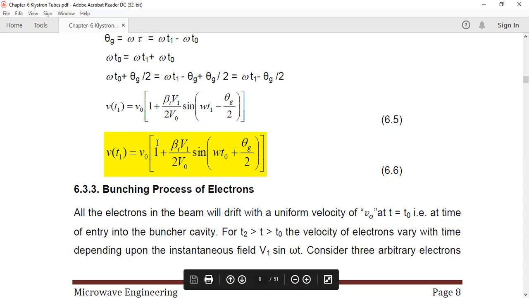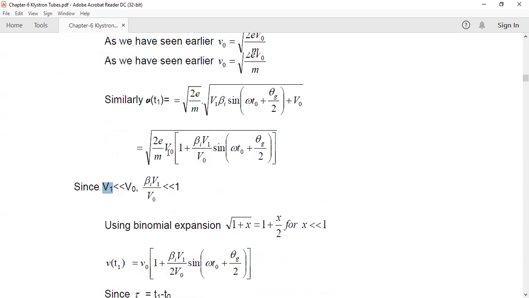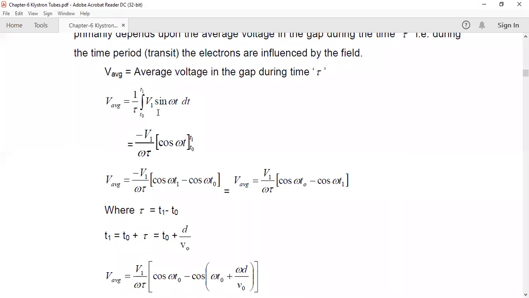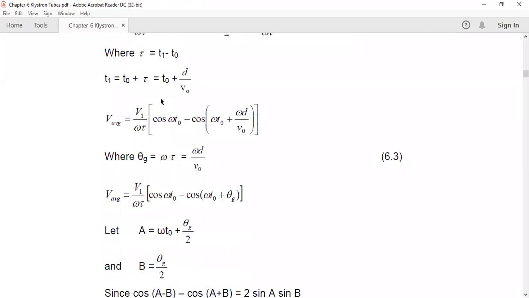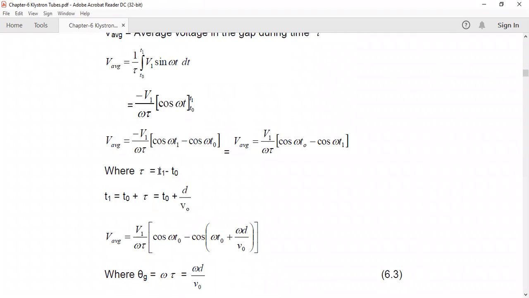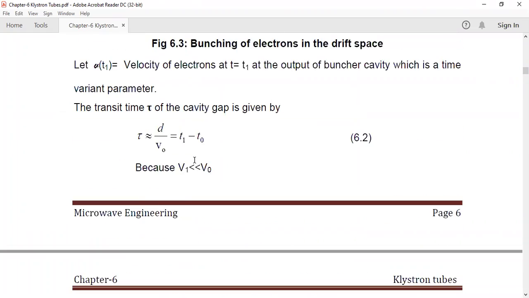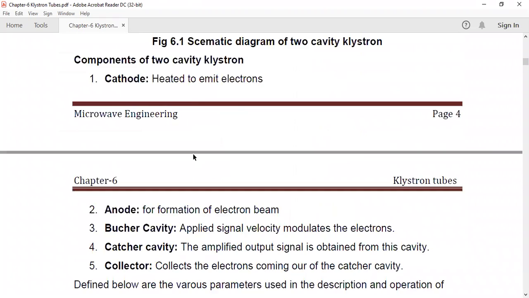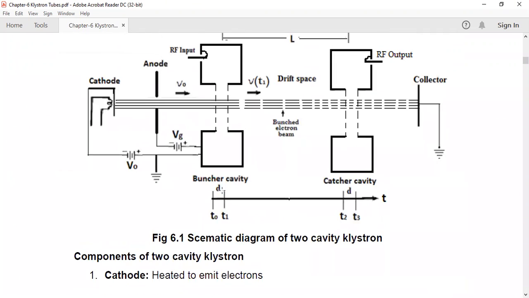Now this is the equation for the velocity modulation. Very simple. Here for the RF signal, we are taking the average voltage of the RF signal. This is the general thing only. You have to remember this. Here is the T naught, T1 that I already showed you. You can see that with your notes also. This is very important.